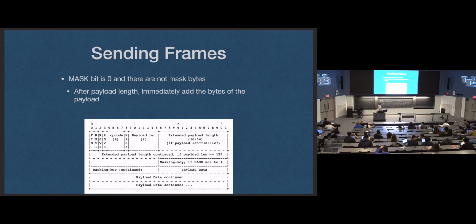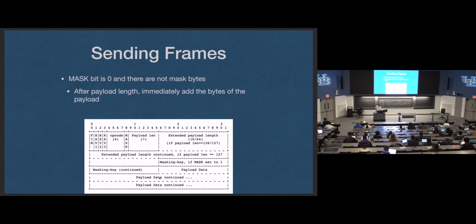So, if your payload is not a multiple of 4, let's say you have a remainder of 1, do you use the most significant or the least significant? Most significant. Good question. So this byte of the masking key will be XORed with this byte of the payload, this byte with this byte, etc. You start with the first byte, the most significant, as your first thing that you're going to XOR.